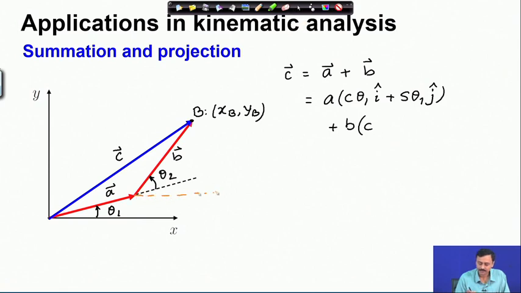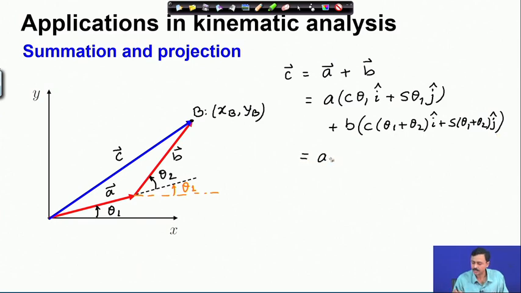I have to find that, because this is our datum. Now, here this is theta 1. So, therefore, this becomes cosine of theta 1 plus theta 2 i cap plus sine of theta 1 plus theta 2 j cap.